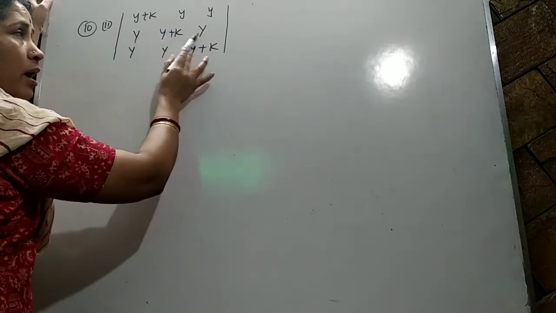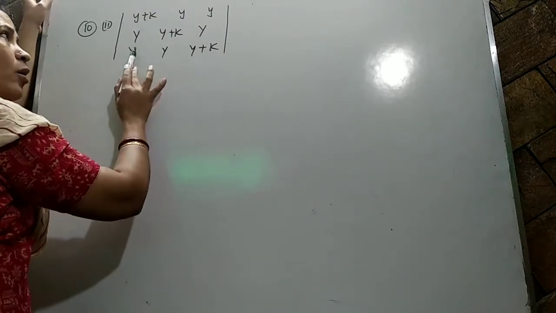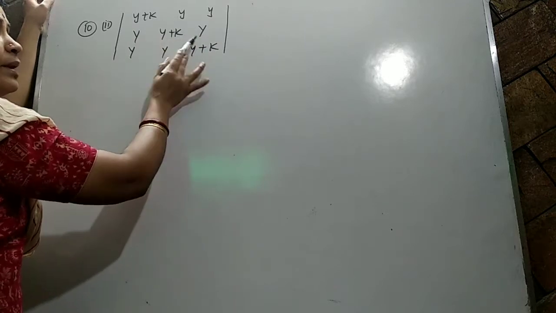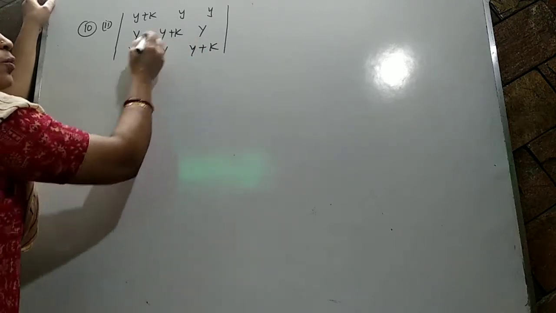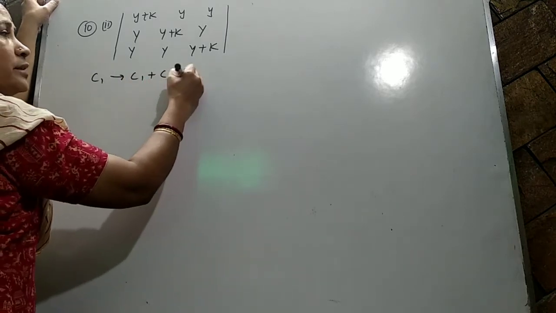Now see, row-wise or column-wise, y plus k, y. Here the terms are repeated in the second row, either column-wise or row-wise. So C1 can be written as C1 plus C2 plus C3.